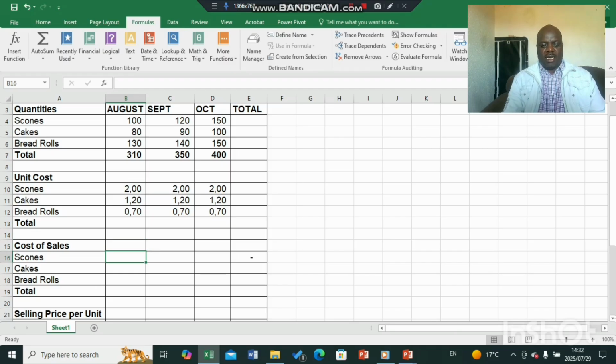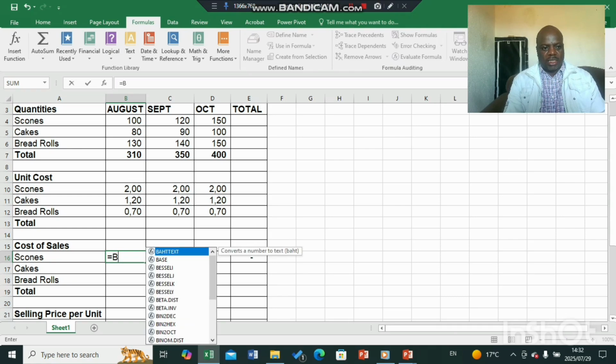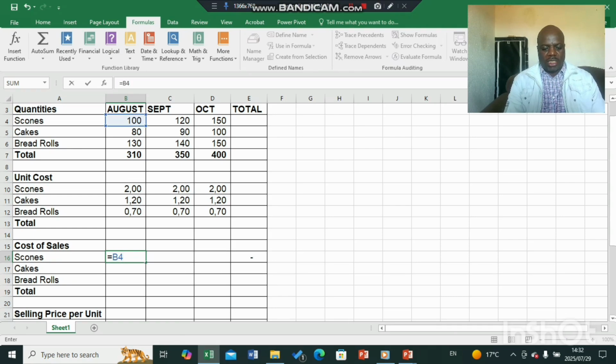That is done. Now we just have to check our cost of sales, or rather our variable costs. For the scone, we are going to say 100 scones multiplied by the cost of scones per unit, which is 2 rands. So calculate with me here.